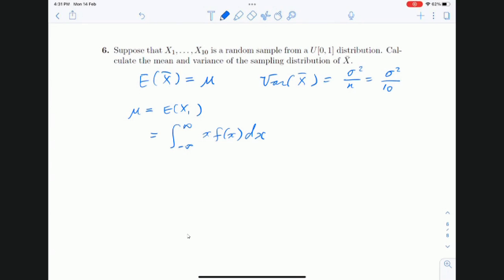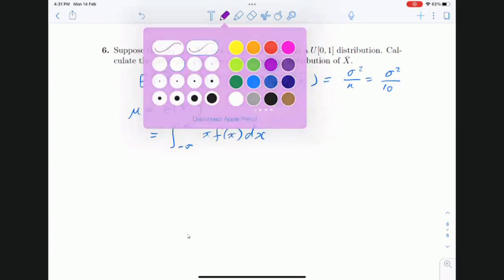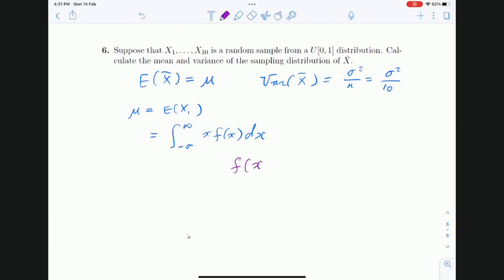Now, what is the density function of uniform 0 to 1? Anyone have any idea? The probability density function of the uniform distribution from 0 to 1. Uniform means all the same.